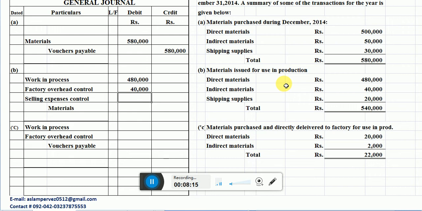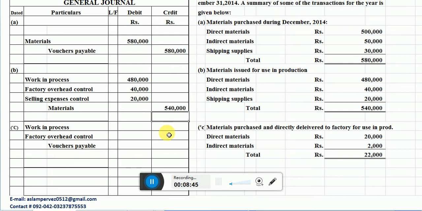Same as selling expense control, which belongs to the shipping supplies, 20,000 rupees here. Students, the material is going out from the storeroom to the production, so the material will be credited 5,40,000 rupees here. This is the transaction about the issuing of material to production.